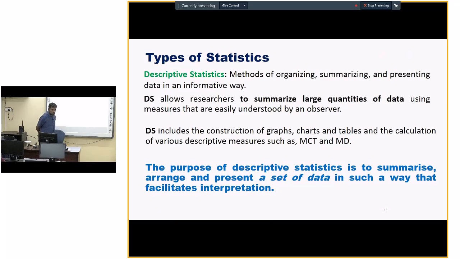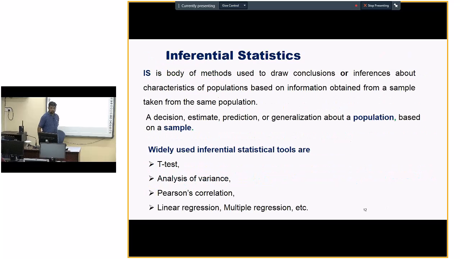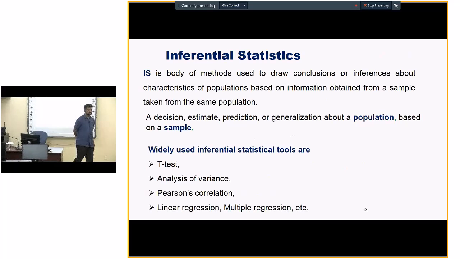Now I am not going to discuss the steps and definitions of descriptive statistics and inferential statistics. Actually, you already did that part under business statistics.